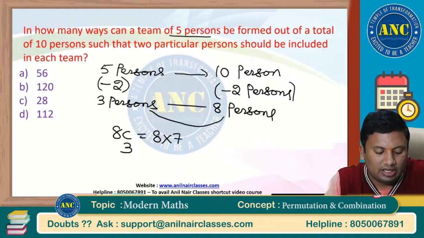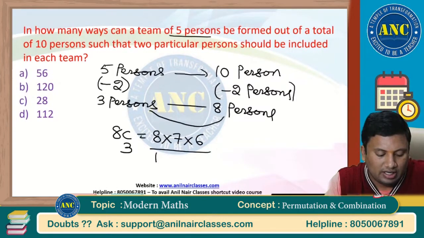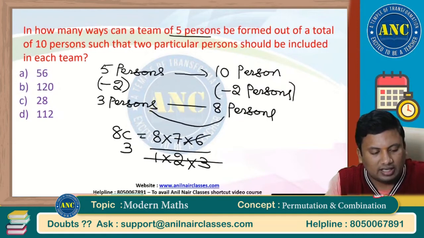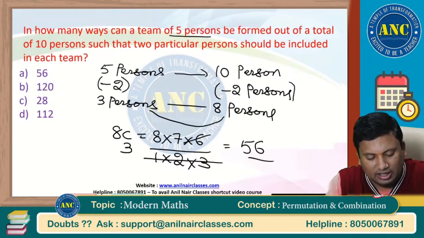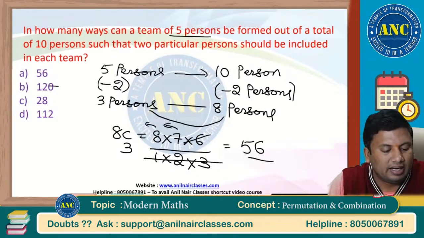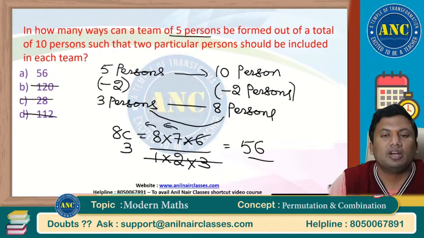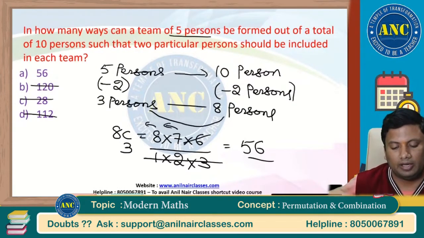8C3 is 8 into 7 into 6 divided by 1 into 2 into 3. 6 cancel. Answer should be 8 sevens are 56. Answer should be divisible by 8 and 7; 28 is not divisible by 8.